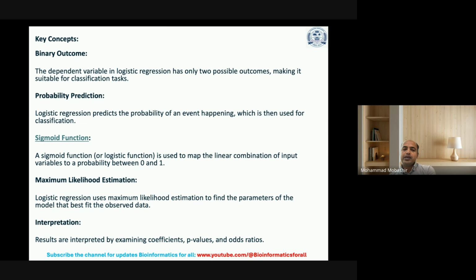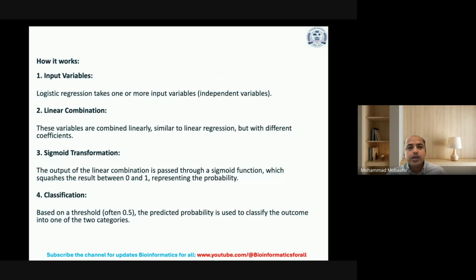Finally, interpretation: how to interpret the coefficients, p-values, and odds ratios. Now, how it works: it takes input variables, linear combination, sigmoidal transformation, and finally the classification.